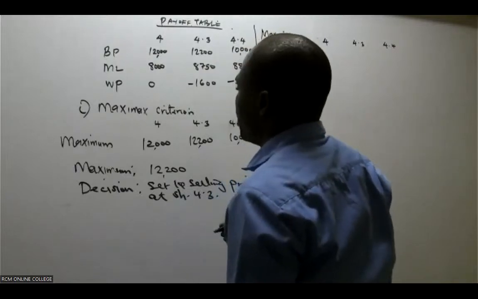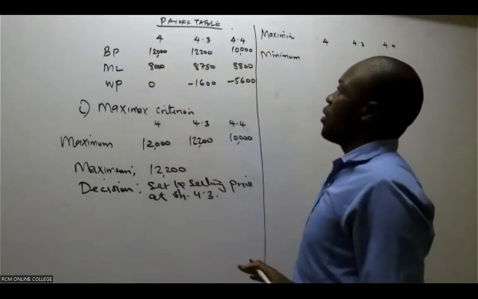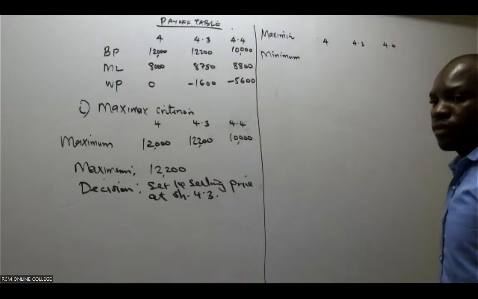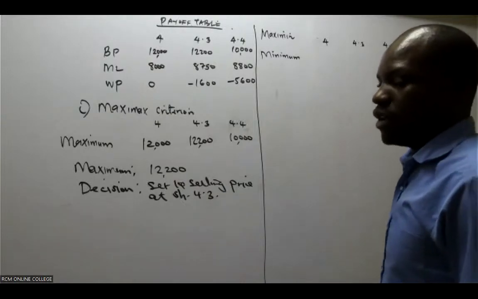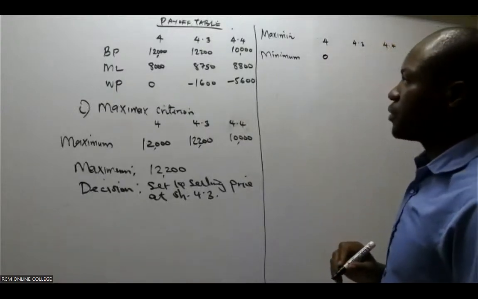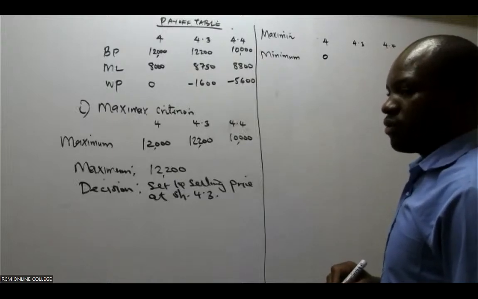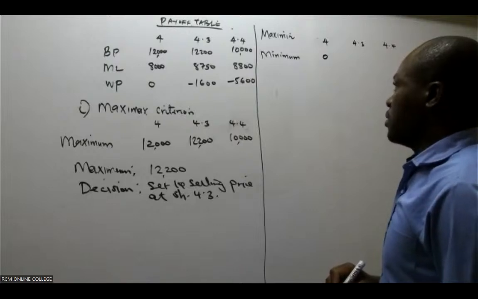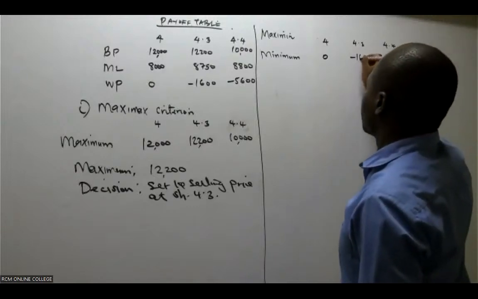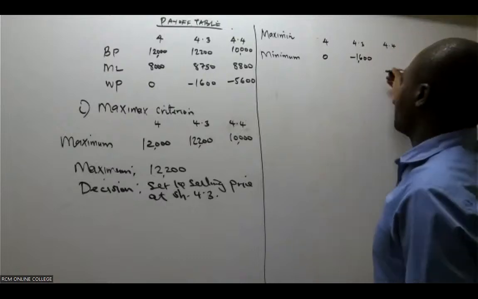So minimum figures in the first column under the selling price of 4 shillings. What is our minimum figure? Our minimum figure, 0. How about 4.3? Our minimum figure should be equivalent to negative 1,600. And 4.4, our minimum figure, negative 5,600.